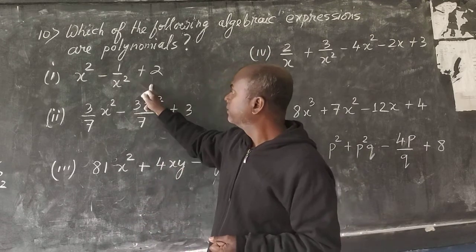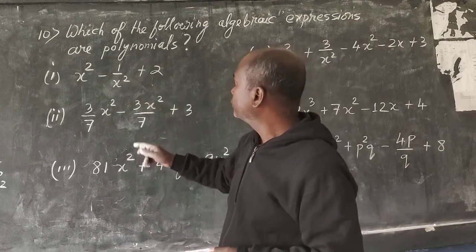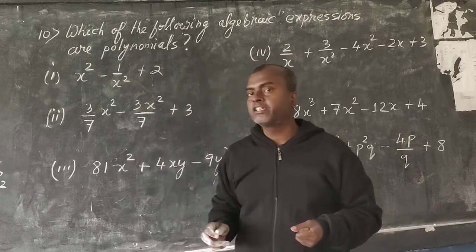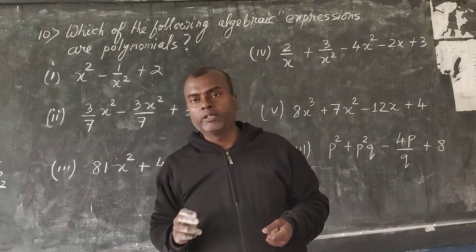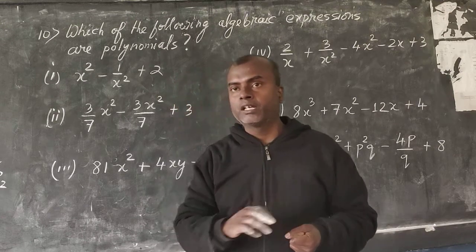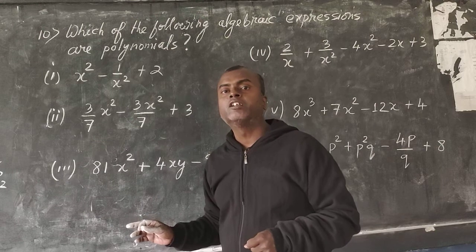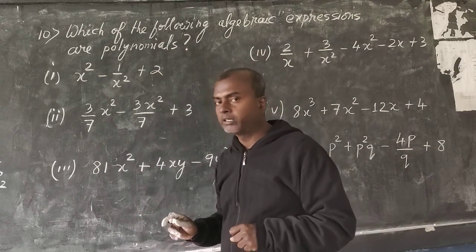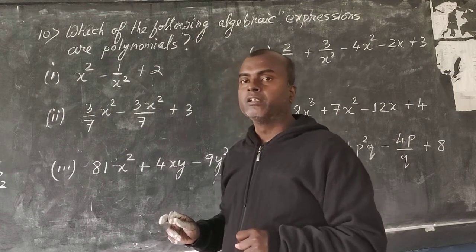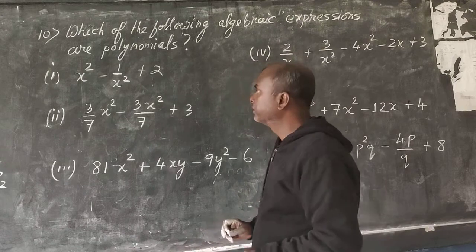Now, for a given expression to be an algebraic expression, there should not be any variable in the denominator. That means an algebraic expression cannot have a variable as a denominator. Any variable can be there in the numerator but not in the denominator. Denominator variable, then it's not a polynomial.